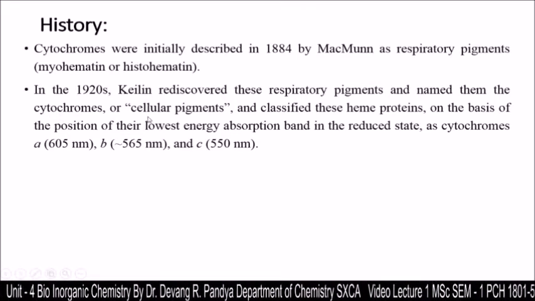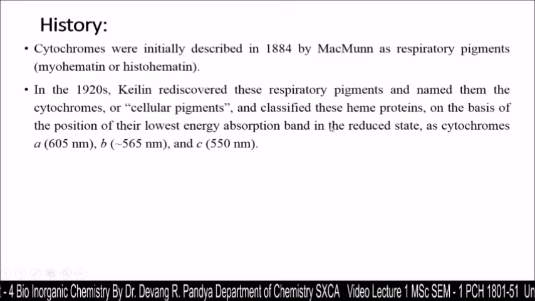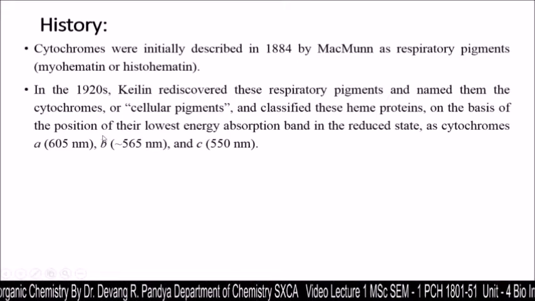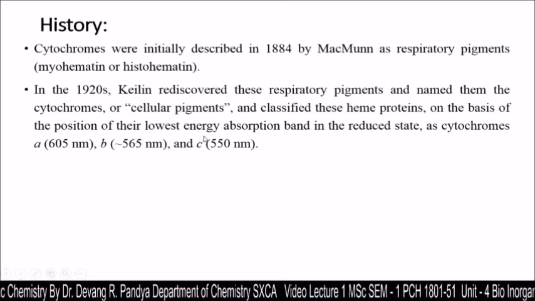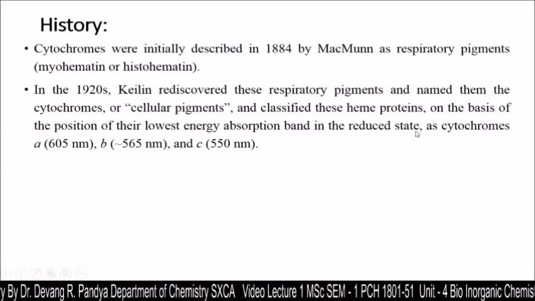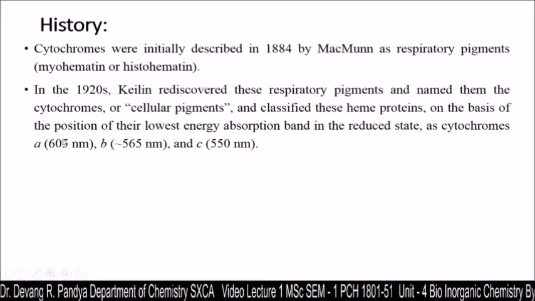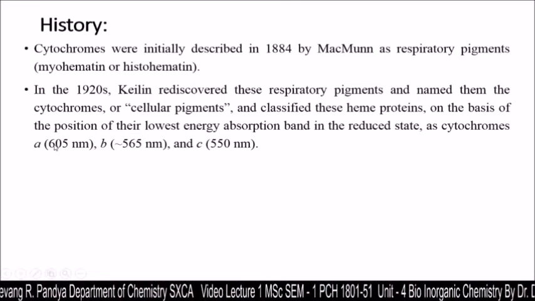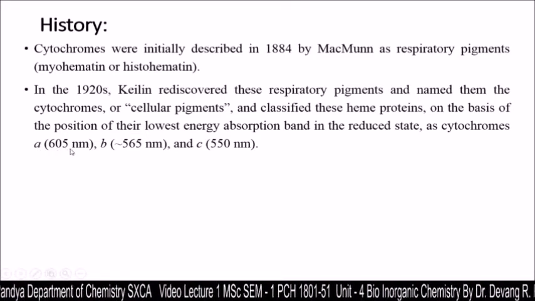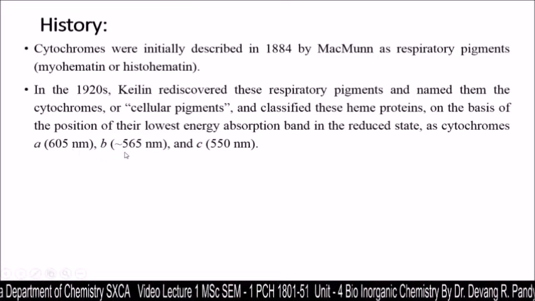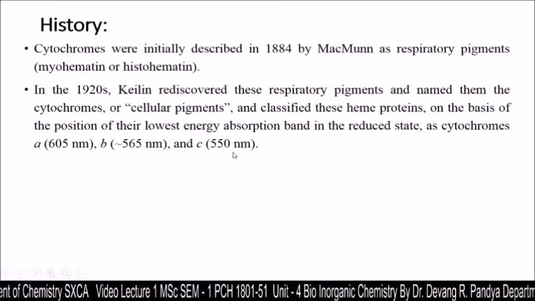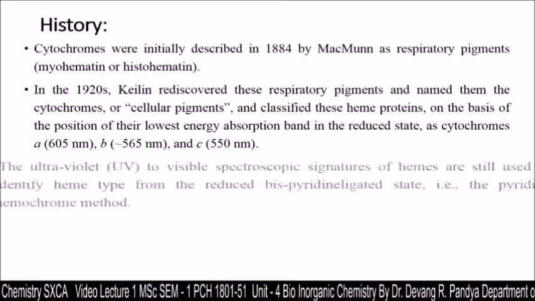So cytochrome, that is a cellular pigment, and they were classified as heme proteins on the basis of the position of their lowest energy absorption band in the reduced state as cytochromes a, b, and c. Cytochrome a absorbs at 605 nanometers, cytochrome b at nearly 565 nanometers, and cytochrome c at 550 nanometers.